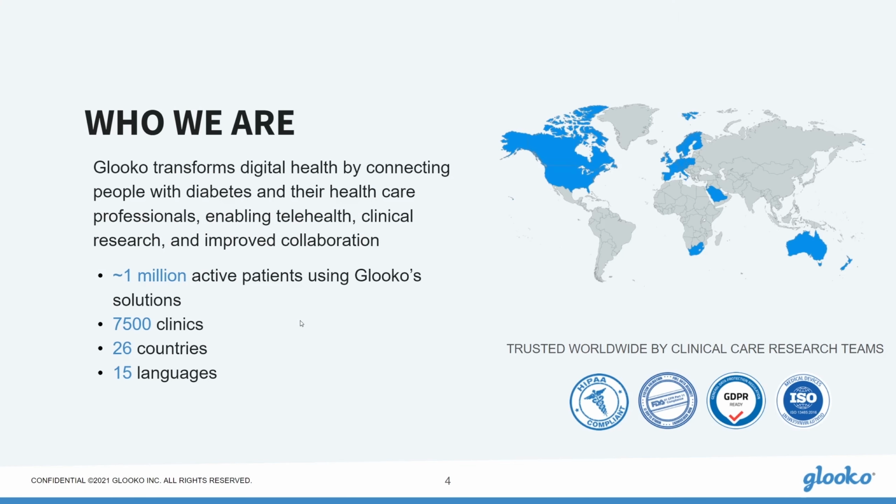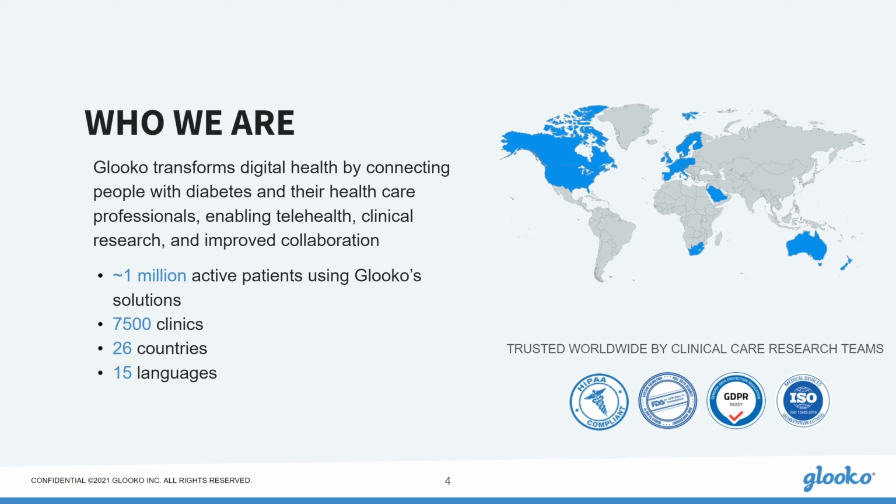So, first of all, who are Glooko? What are we achieving? Glooko has a range of digital health solutions functioning across many countries. You'll see we're operating in over 26 countries, and we really function to connect people with diabetes with their healthcare professionals.